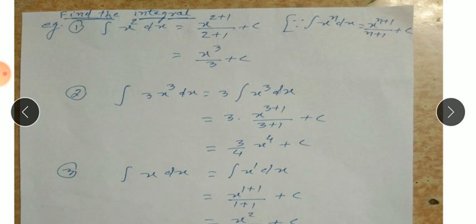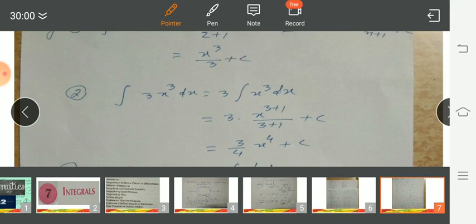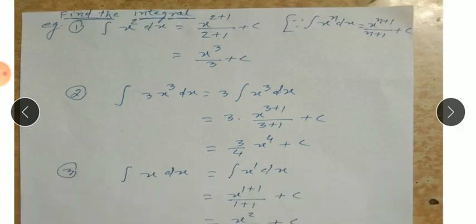This c is always applied in an indefinite integral. Remember, in the case of an indefinite integral, plus c, the constant of integration, must always be applied. This is also known as the arbitrary constant.